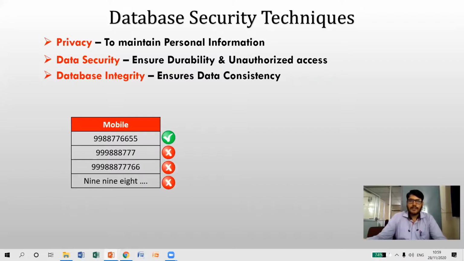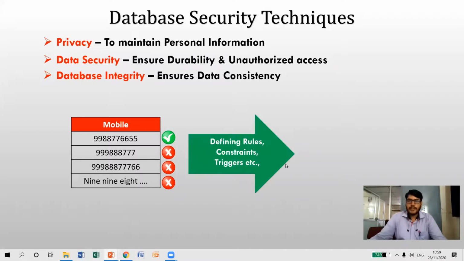As you can see here, the first mobile number is exactly 10 digits. So that's why it is in a consistent state, I can say. But the rest of the data are in an inconsistent state. So this is how we can ensure data consistency by implementing certain rules or constraints or triggers.